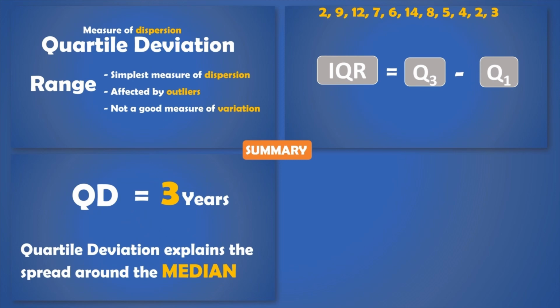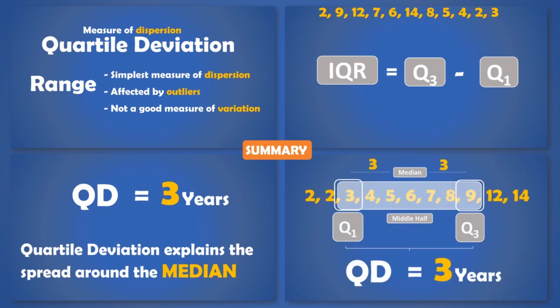While the quartile deviation, also known as the semi-interquartile range, then tells us specifically how the middle 50% of the data are dispersed around the median. So in the case of our data, we can say the middle 50% of our data is within 3 years of the median.